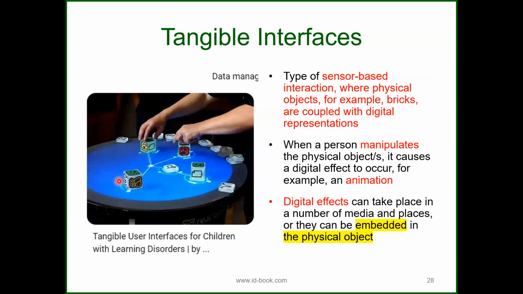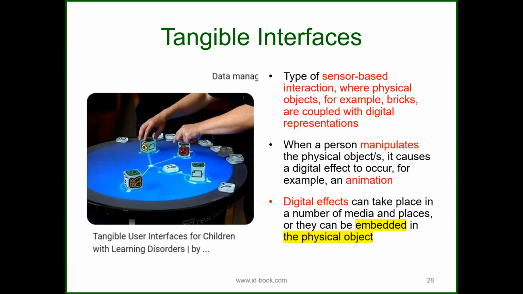We do that by using sensor-based interactions with physical objects, for example bricks coupled with a digital representation. When a person manipulates or makes some changes here, the effect in the digital world could also occur, in the form of an animation, for example. Digital effects can take place in a number of media and places, or they can be embedded in a physical object itself.